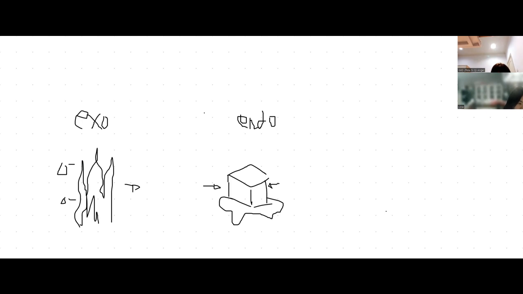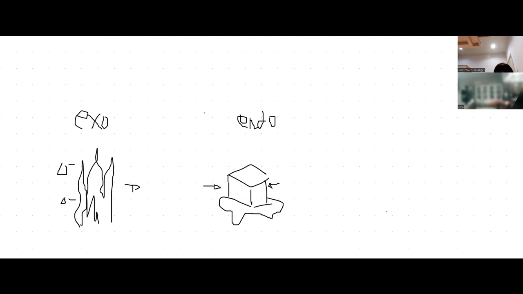So we can conclude that the graph for the exothermic is like this. Let's draw exo. This is endo.